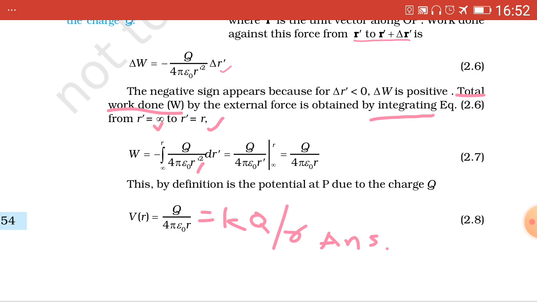The minus sign comes in the coefficient, so minus r raised to minus 1 means 1 upon r.